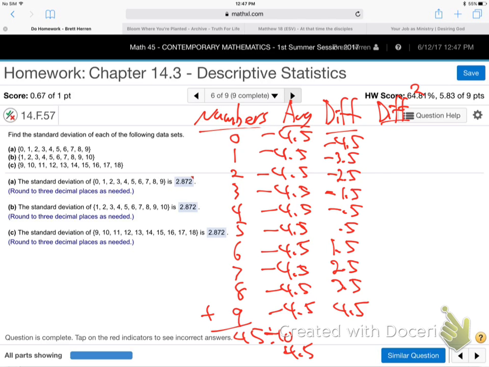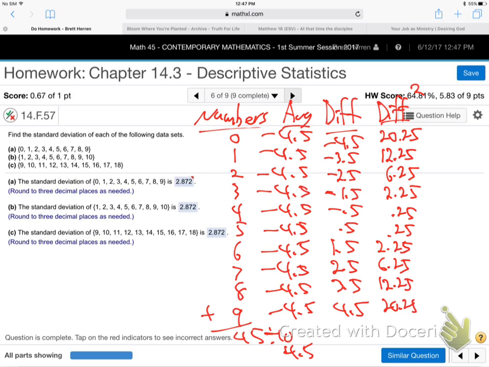So I don't know what that is. 4.5 squared is 20.25, 3.5 squared is 12.25, 2.5 squared is 6.25, 1.5 squared is 2.25, 0.5 squared is 0.25, 0.25, 2.25, 6.25, 12.25, 20.25.